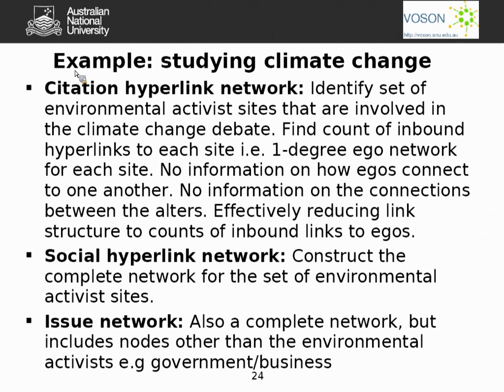So effectively you're reducing the link structure of the network in which these websites sit to an attribute of each site, the count of the total number of sites that link to them, and that's then used as a dependent variable, for example, in a regression.